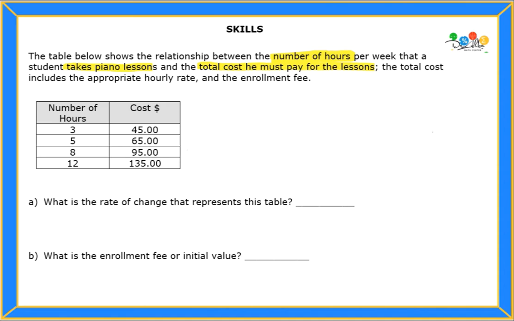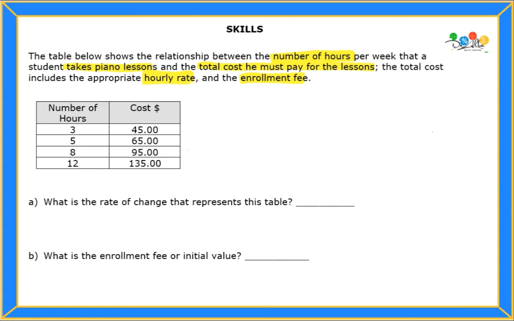And of course, this means the total cost, okay? Now, the total cost includes two things: the price per hour and the enrollment fee. Very good. So we have to make sure that we understand these two charges for that student.